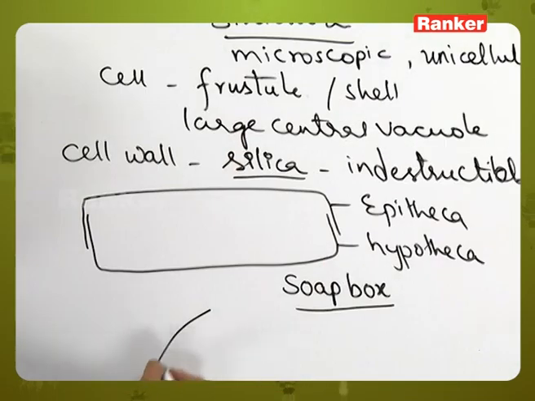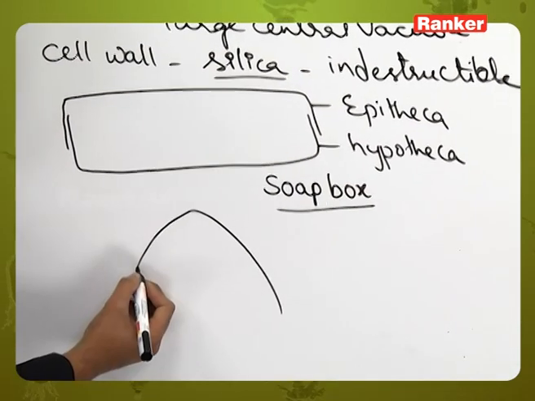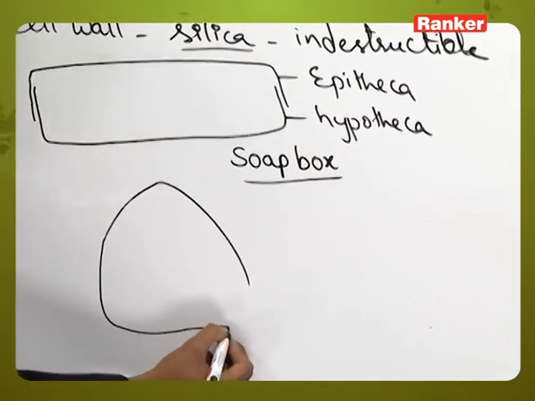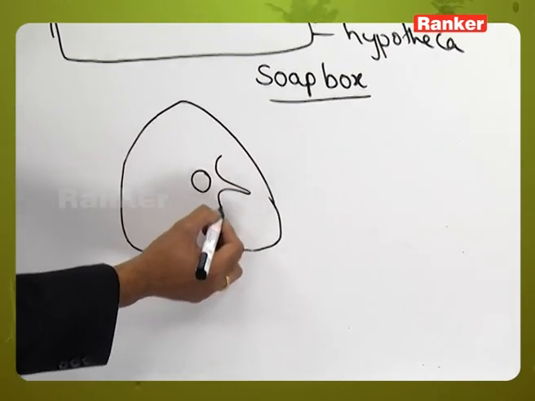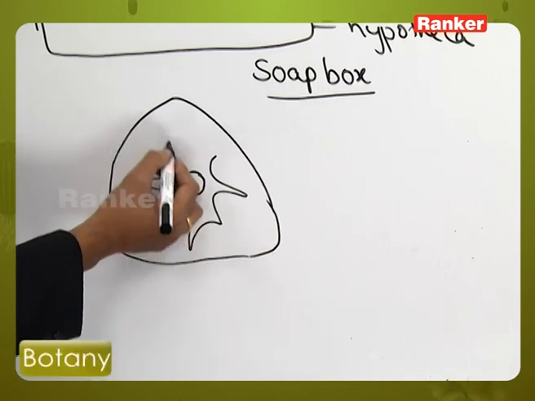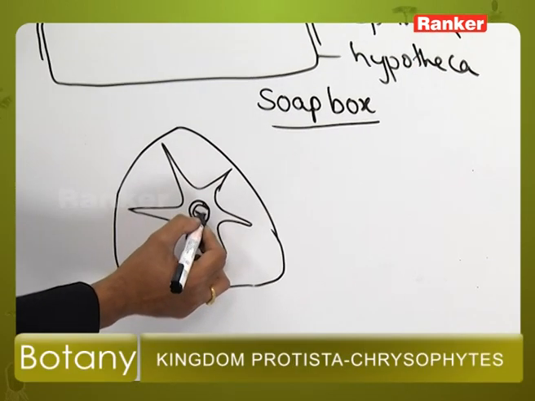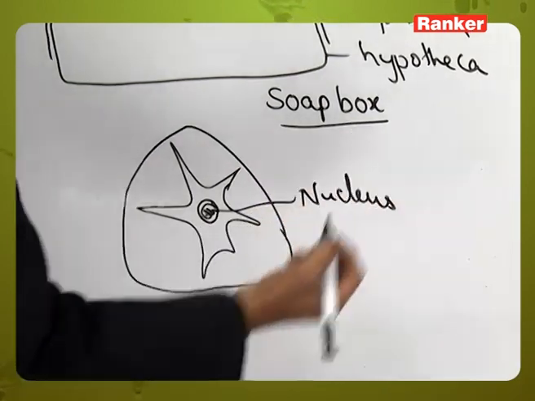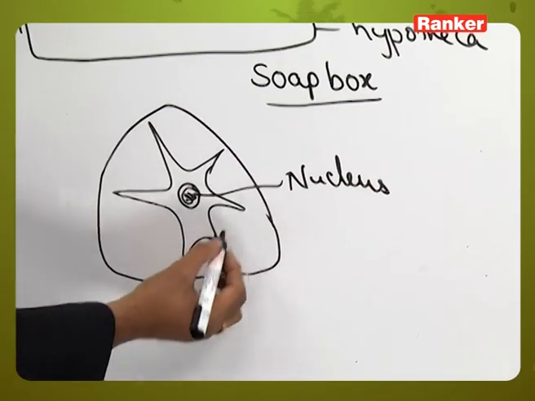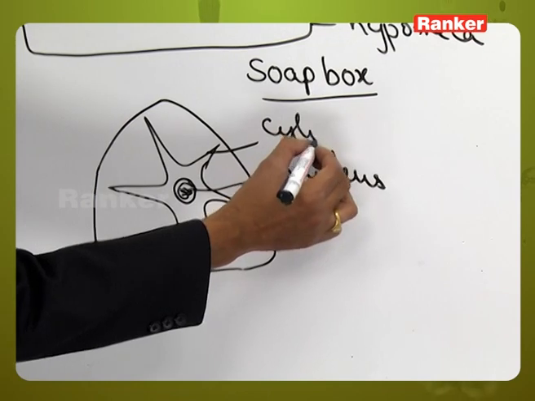If you observe the internal structure, it contains the nucleus in the center, which is a true nucleus. That's why these are eukaryotic in their nature, and these are the cytoplasmic strands.